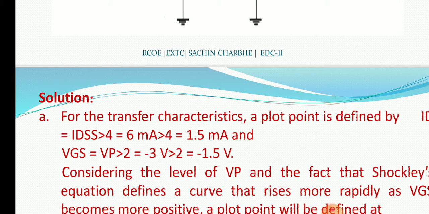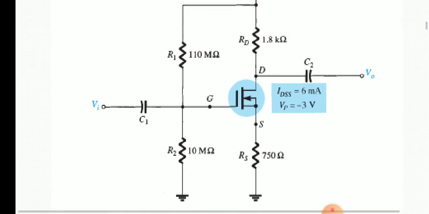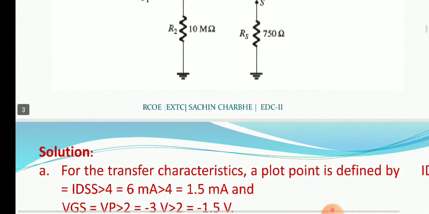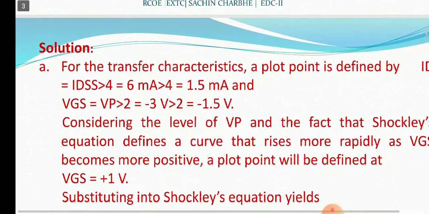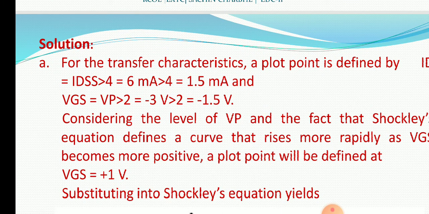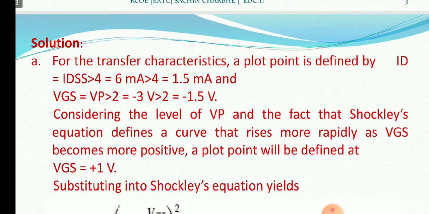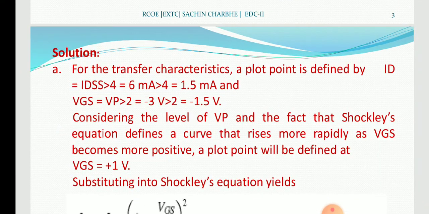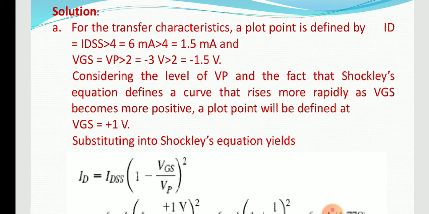We have to choose values between -3 to 2 volt, in that particular range. Considering the level of VP and the fact that Shockley's equation defines a curve that rises more rapidly as VGS becomes more positive, we have to plot the point defined by VGS equal to +1 volt.